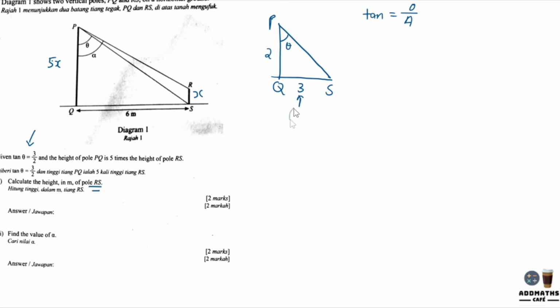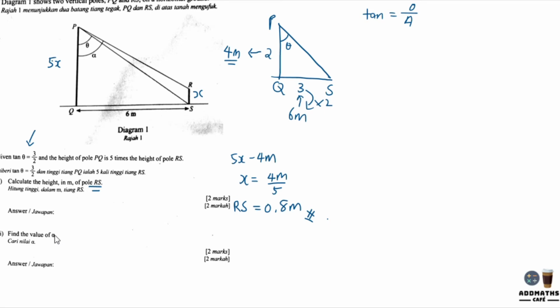So if this is 6 meters, it means that it times 2. So pole PQ over here will be 4 meters. Since we know 5x is equal to 4 meters, x will be 4 meters divided by 5, which will give you 0.8 meters. So 0.8 meters will be x, which is also equal to the RS pole length over here.